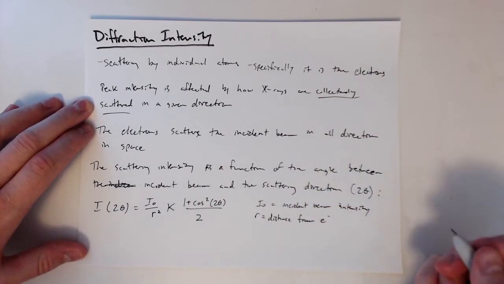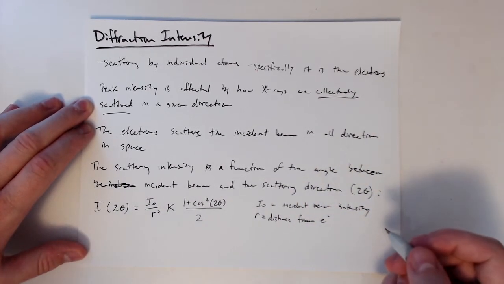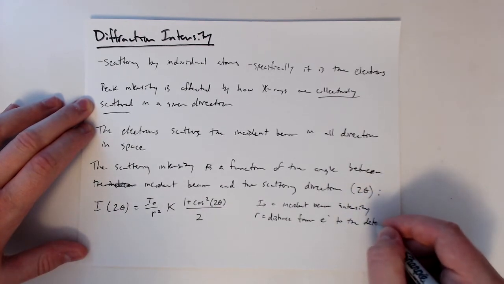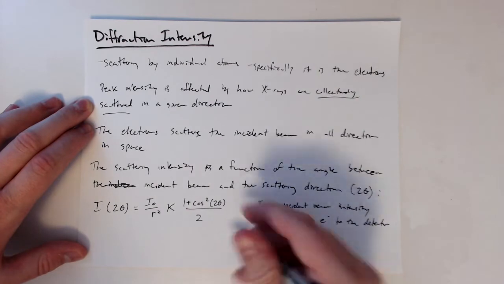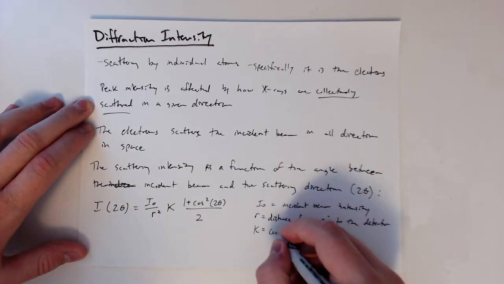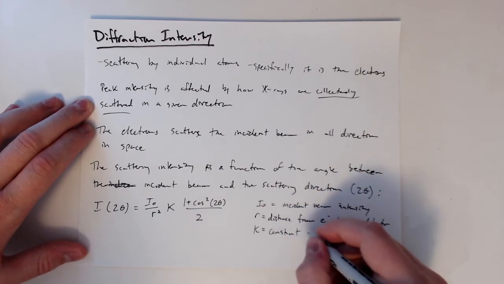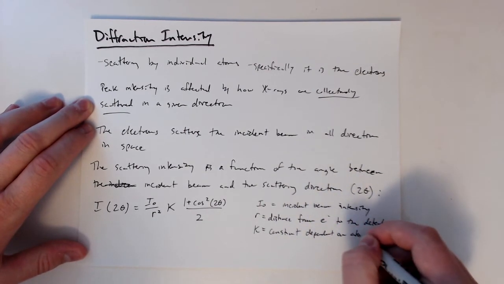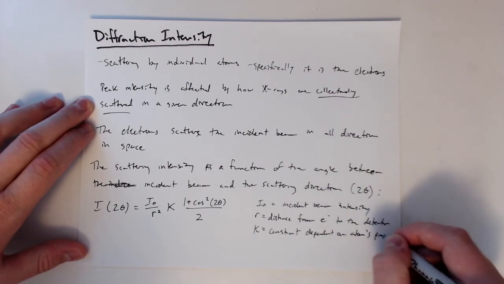And K, capital K here, is a constant dependent on the atom's properties.